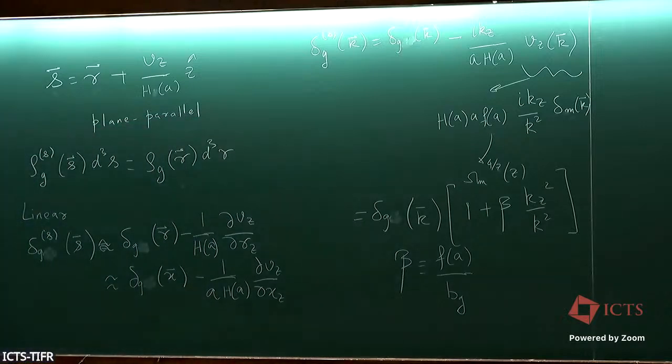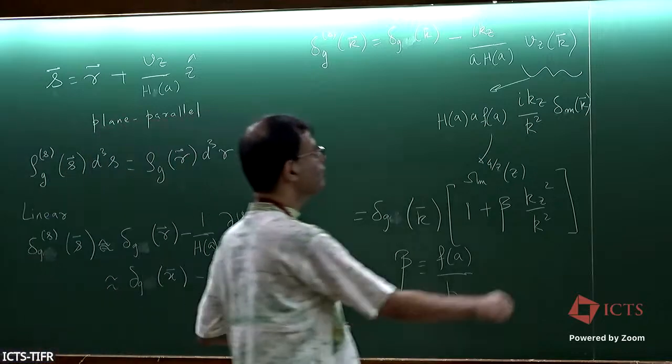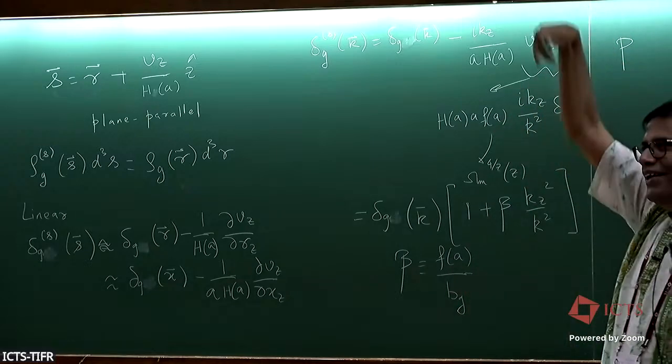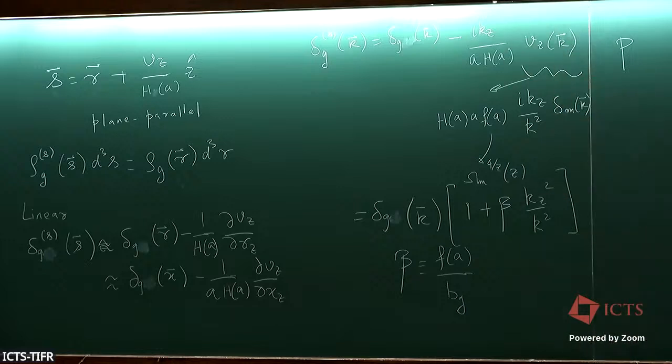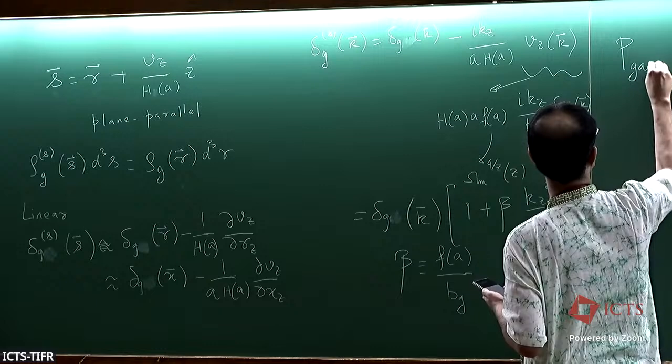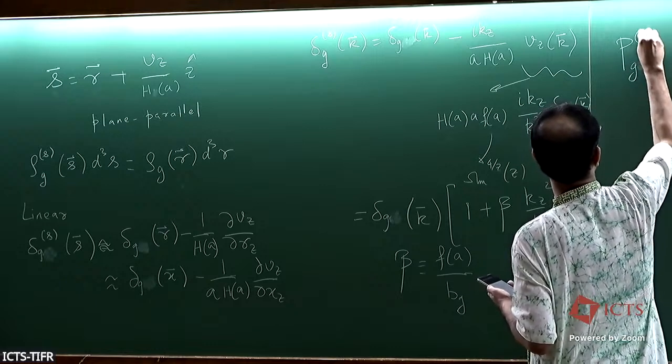Now this essentially tells you that even if the universe is isotropic, and the underlying power spectrum we showed is a function of mod k only, because of peculiar velocities that is not true anymore. The power spectrum now becomes different in the sky plane and different along the line of sight, even if the underlying power spectrum is isotropic. So we can write the corresponding power spectrum.